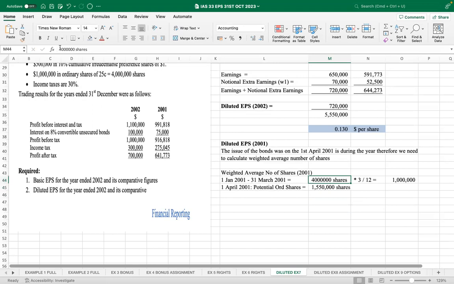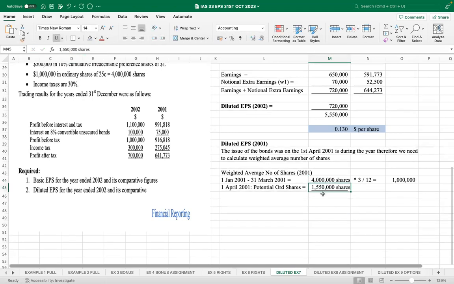Let me go back to this. So what is now the total after that date? The total after that date will be equal to 4 million plus 1,550,000.